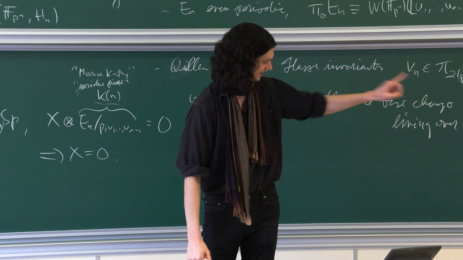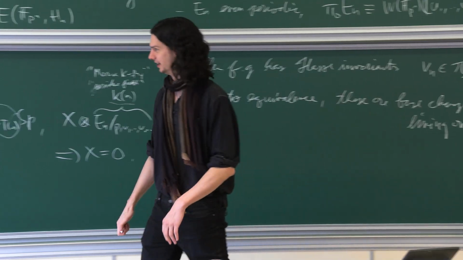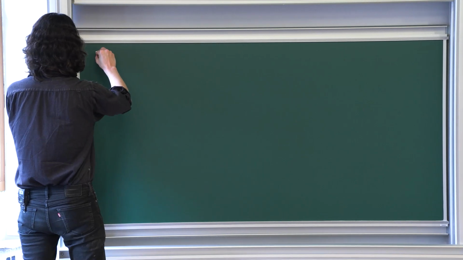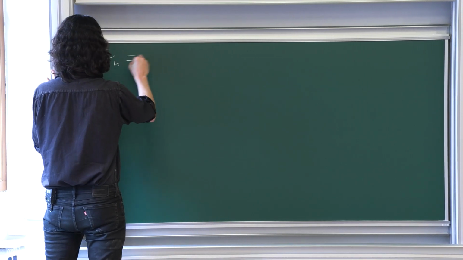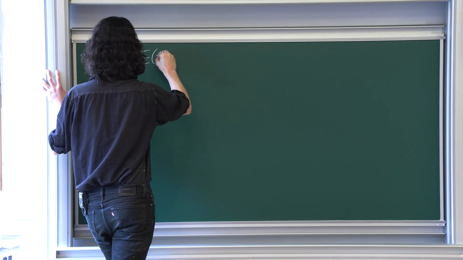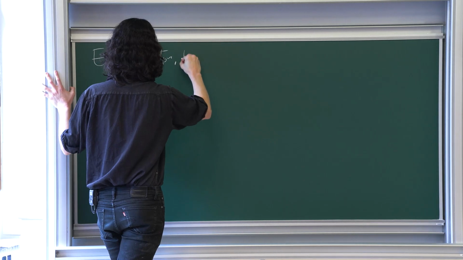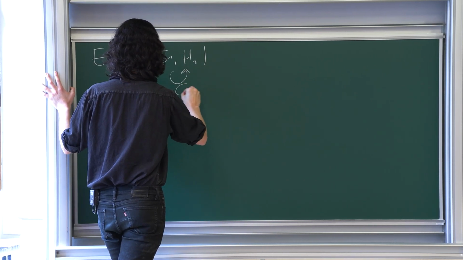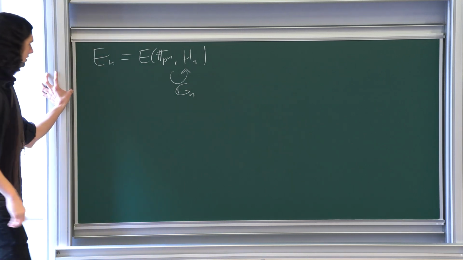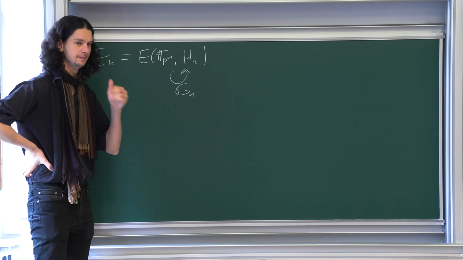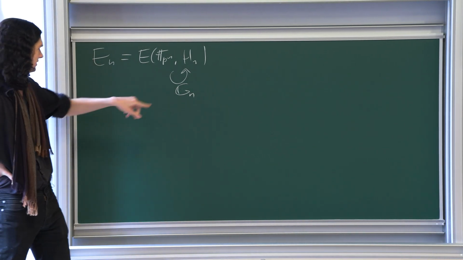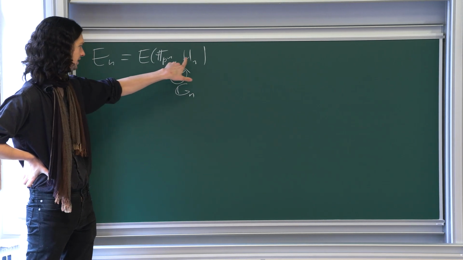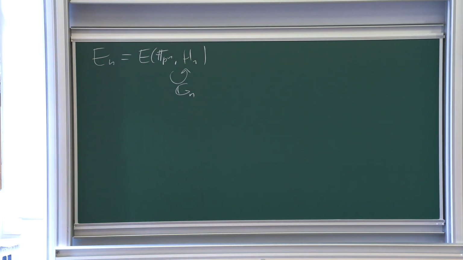Okay, so how to understand Kn localization? Well, En was, again, this E theory based on Fp to the n and the Honda formal group. And we had this Morava stabilizer group from last time, Gn, which I defined as a semi-direct product. But it's actually just the automorphism group of this pair, consisting of this perfect Fp algebra and the formal group acting on it.